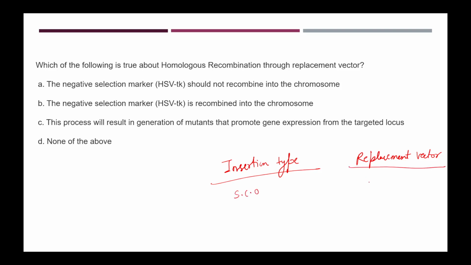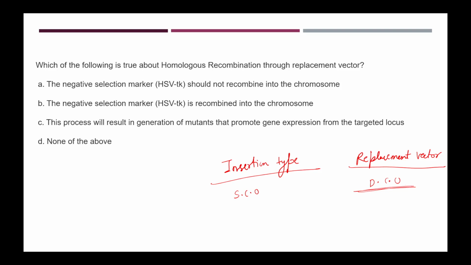In the replacement type vector, you'll see a double crossover. In case of insertion type, with the help of single crossover, the entire vector portion will get integrated or inserted into the genome locus. And in the replacement vector, you will have double crossover, and the gene of interest or the targeted locus will be replaced with the targeted construct. So that is the difference.